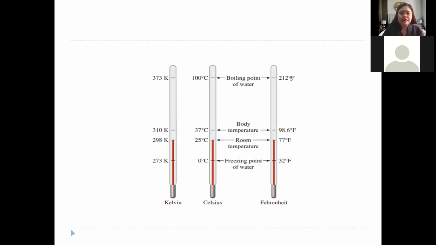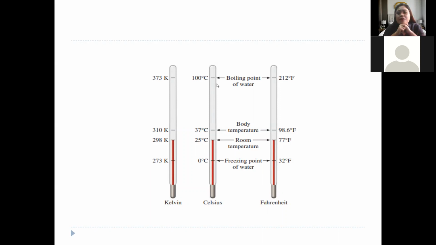Okay, so this is how the thermometer of the 3 scales look like. We have the first one, the Kelvin, the Celsius, and the Fahrenheit. Actually, they have the same look in terms of the thermometer, but the graduation is not the same. So as you can see, water boils at 100 degrees Celsius. Take note on top.